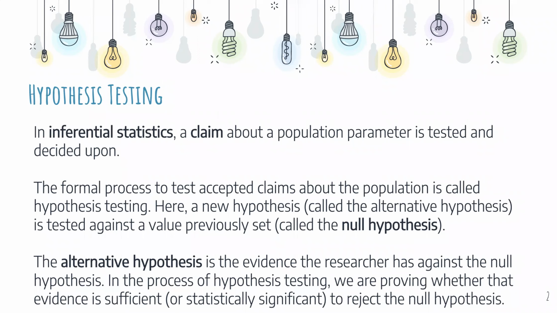In the process of hypothesis testing, we are proving whether that evidence is sufficient or statistically significant to reject the null hypothesis. In other words, we do this study and we get this new mean for something.